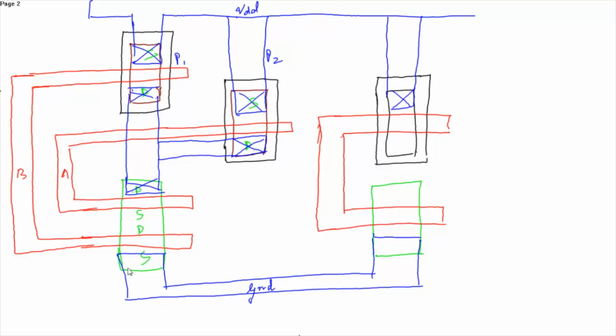This is ground. This is one contact. This is another contact. Okay, and these two are shorted. Since these two are the drain terminals, so this is the output.